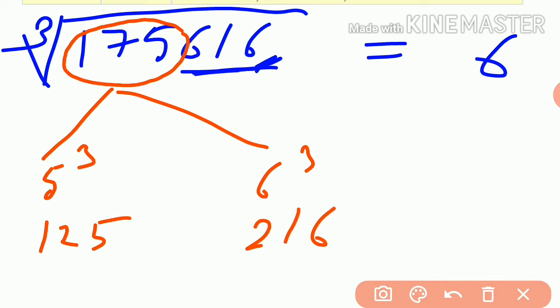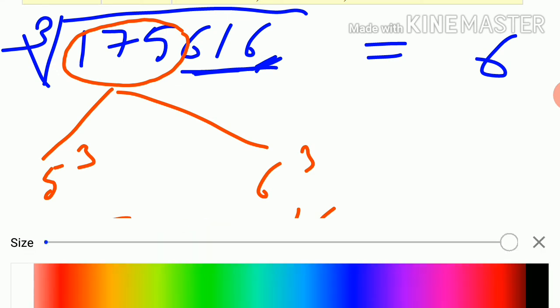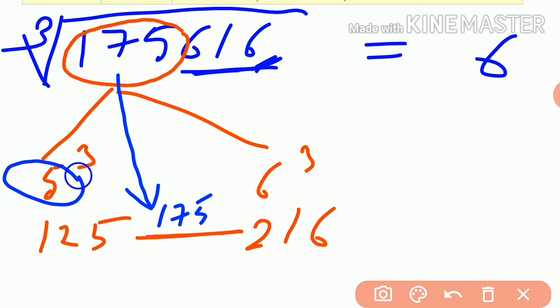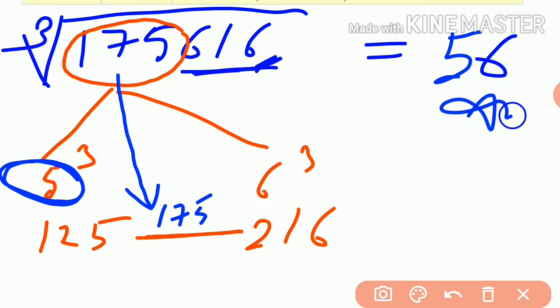So 175 lies between these two numbers. We will take the smaller value, which is 5, so we will write 5 here. Therefore 56 is the required answer.